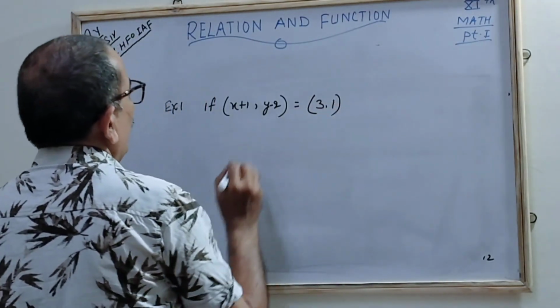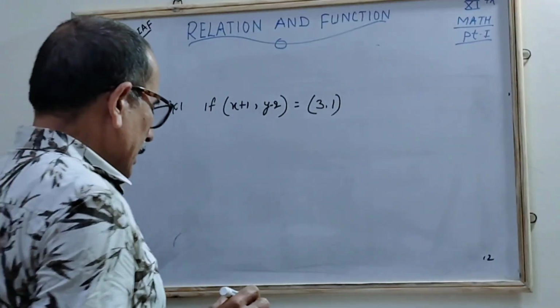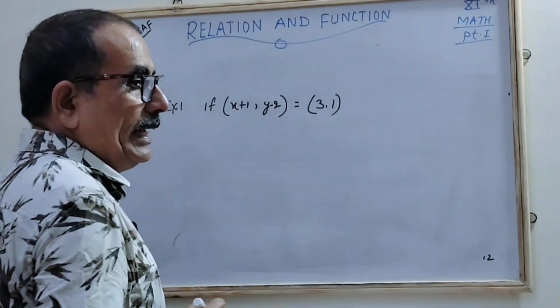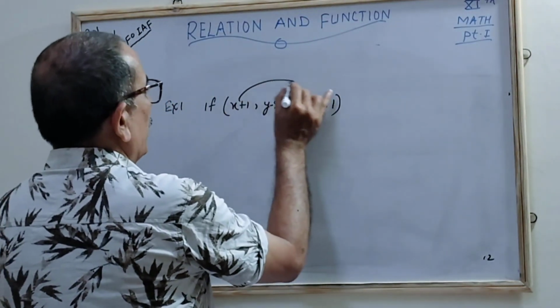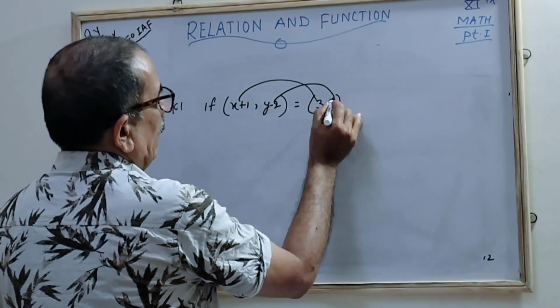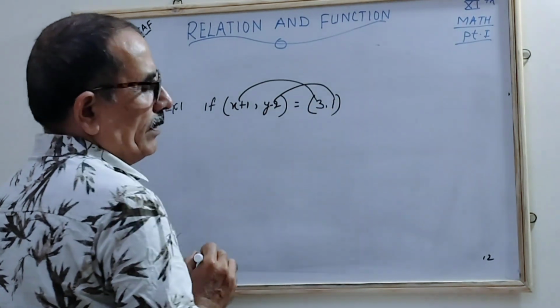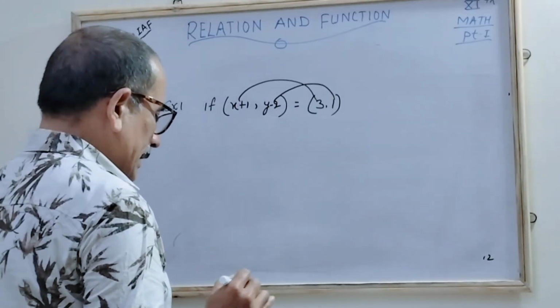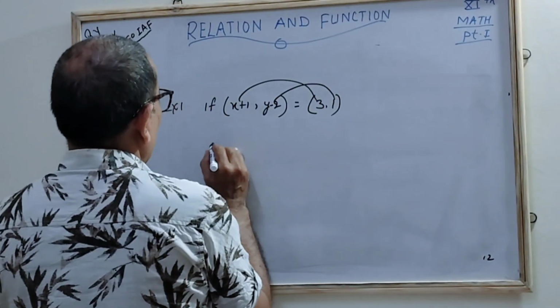As we know, the pairs will be equal only when the individual elements are equal. The first will be equal to the first of the second pair, and the second will be equal to the second of the second pair. Therefore, what will we write?